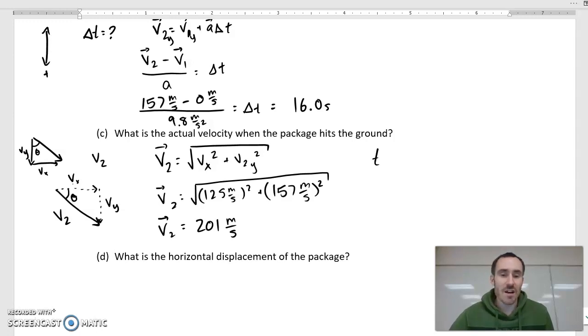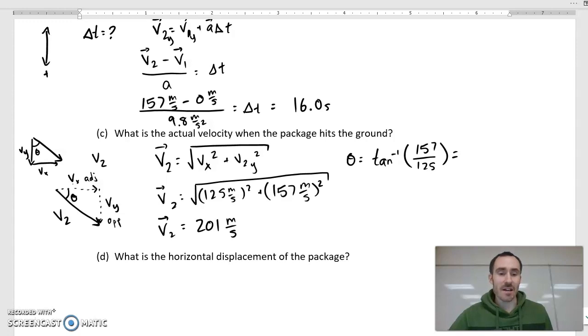Okay, there's no rule that says that you have to do it that way, but it's just probably a good idea. So now I'm going to figure out that angle by doing the inverse tan. So theta equals the inverse tan of Vy over Vx, right? Opposite over adjacent. And so when I do that, I'm doing the inverse tan of 157 over 125.